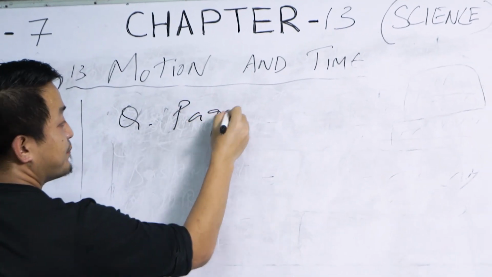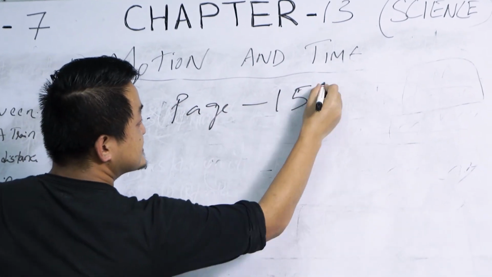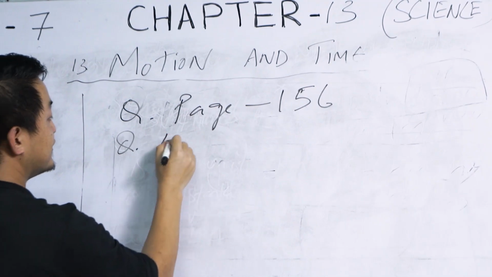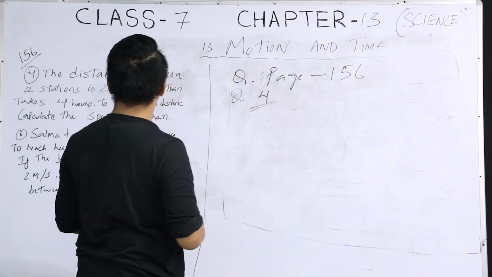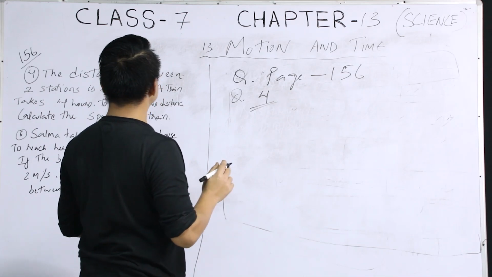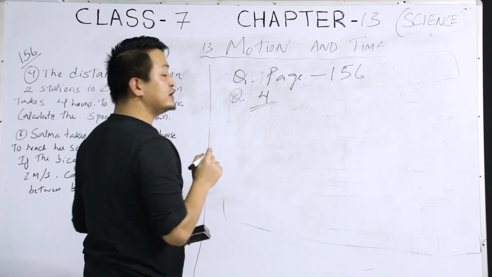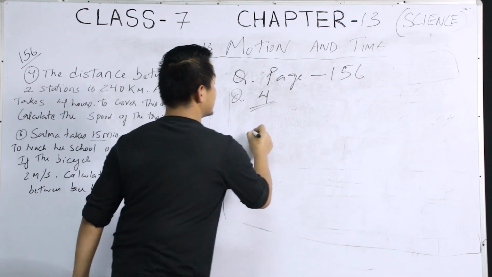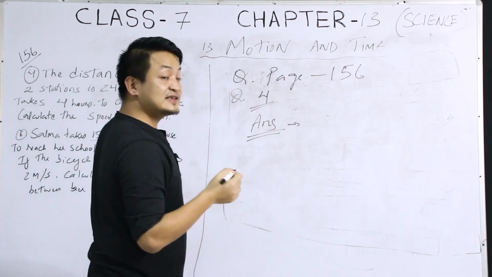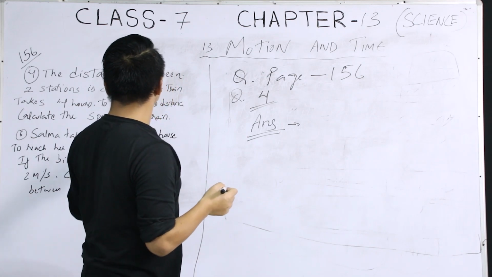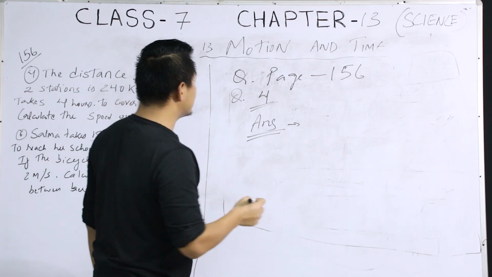So students, page 156, question number 4. The question goes like this. The distance between two stations is 240 kilometers.